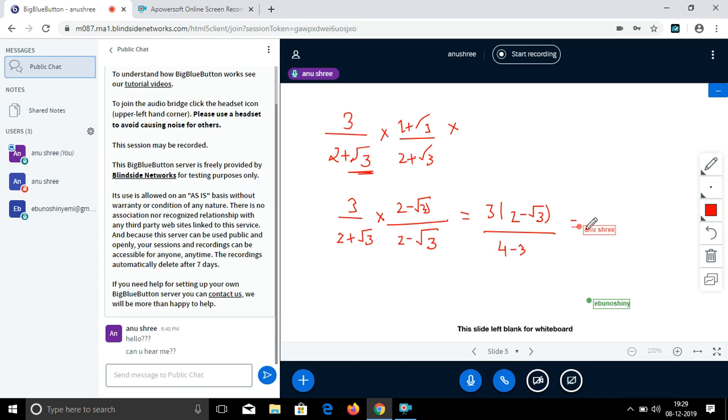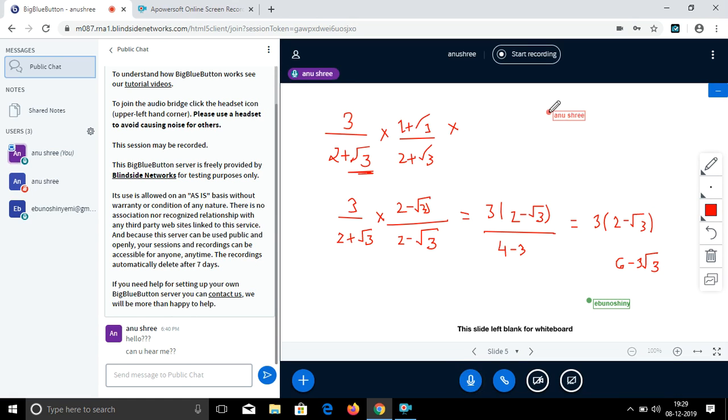So the final answer is 3 multiplied by 2 minus root 3, or you can open the bracket, which will give you 6 minus 3 root 3. Okay, so this is how you have to simplify.